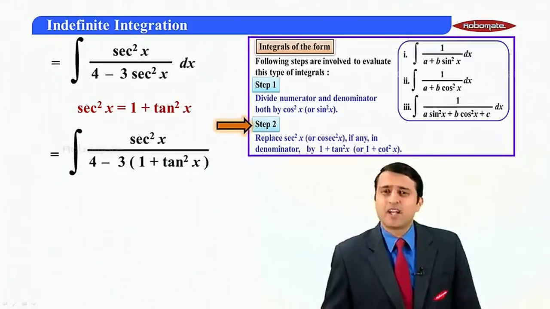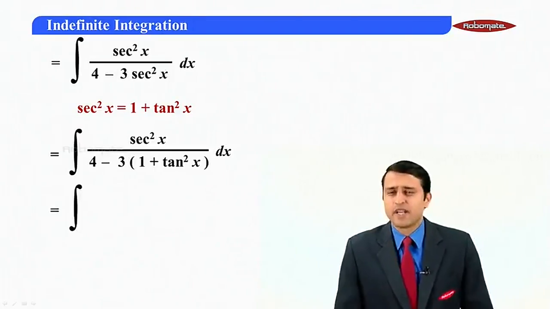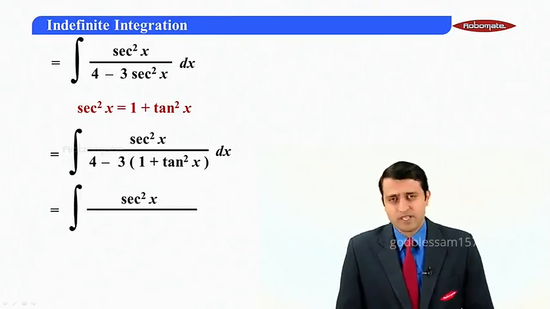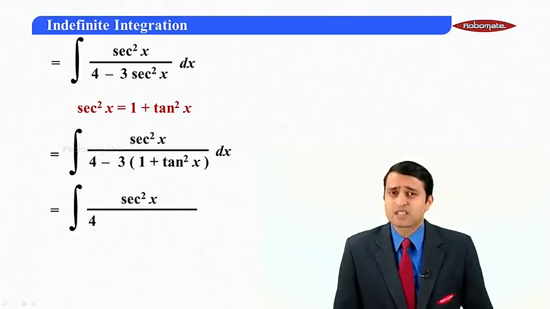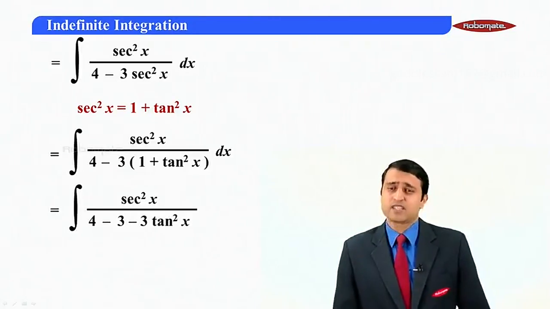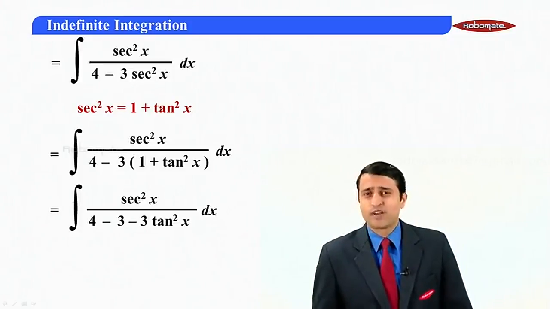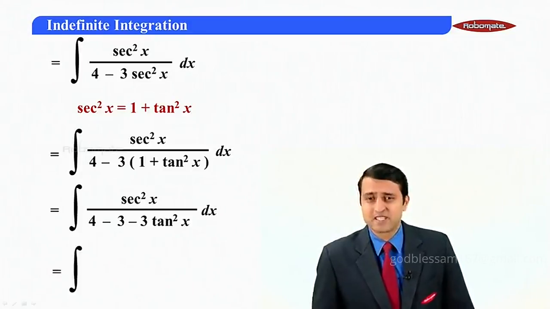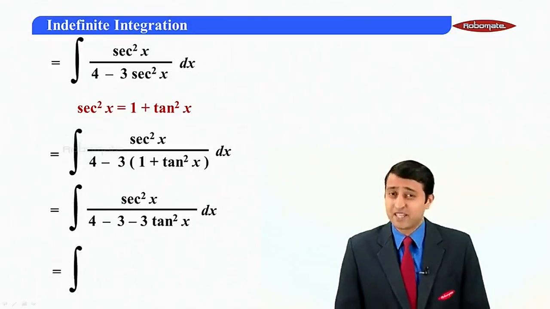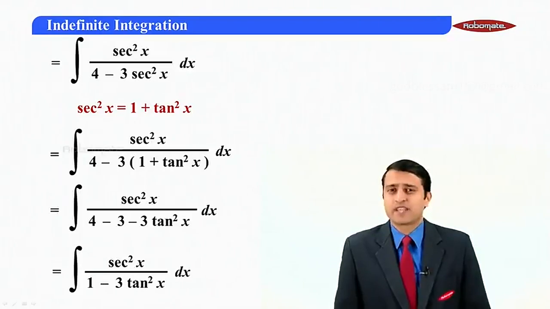Now, in the denominator, can I open the brackets? If I open the brackets in the denominator, sec square x in the numerator remains as it is. What we get in the denominator is 4 minus 3 tan square x dx. Now, I am very sure you know that 4 minus 3 is 1 and minus 3 tan square x remains as it is. So what we can write here in the next step is sec square x upon 1 minus 3 tan square x dx.